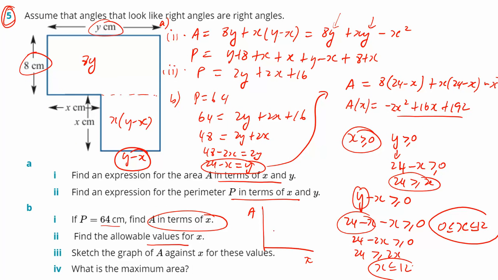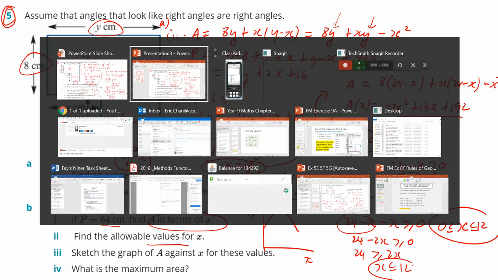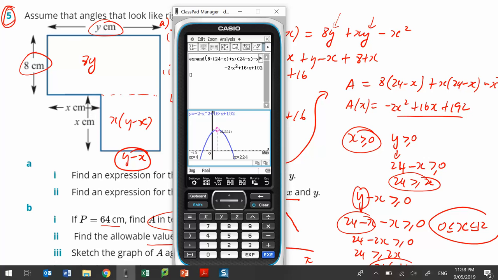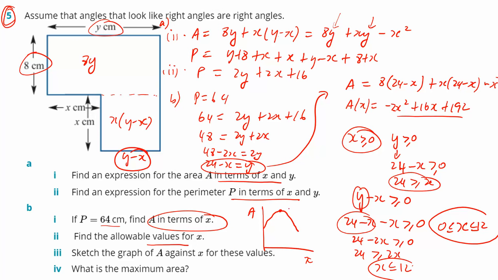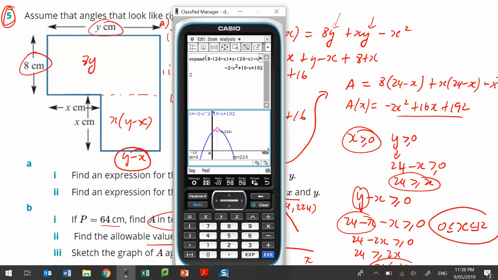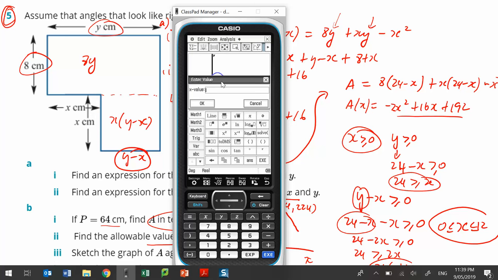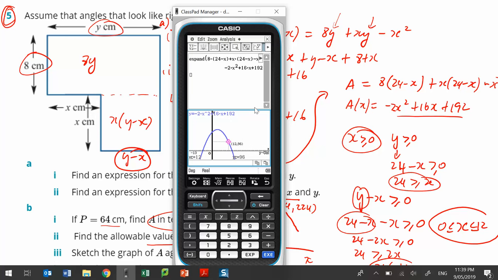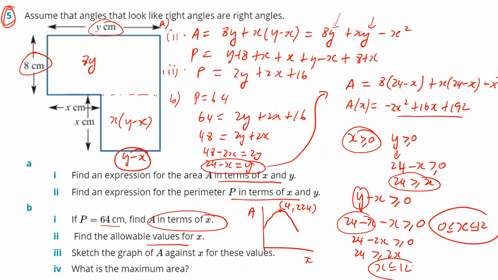So you're going to have a graph that looks like this. It's going to cut off at 12. Let's work out where it cuts off at 12. So when the x value is 12, what's y equal to? 96.